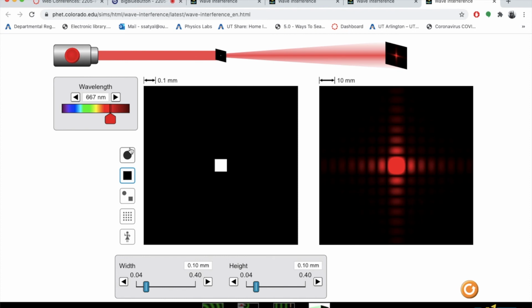So aperture shape, size, wavelength. Basically you have to write down what factors the diffraction pattern depends on: physical factors, shape, size, wavelength of the light used, and so on.